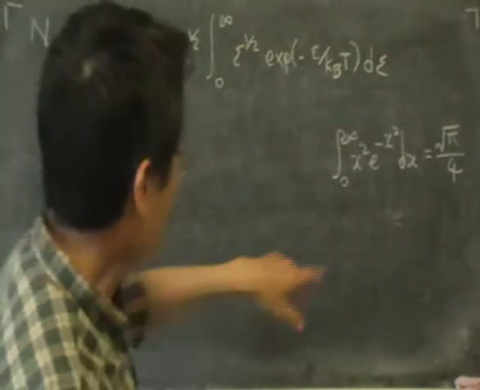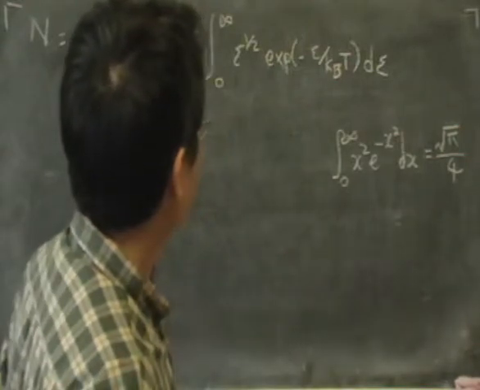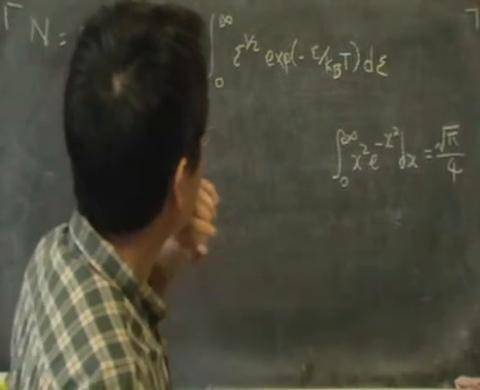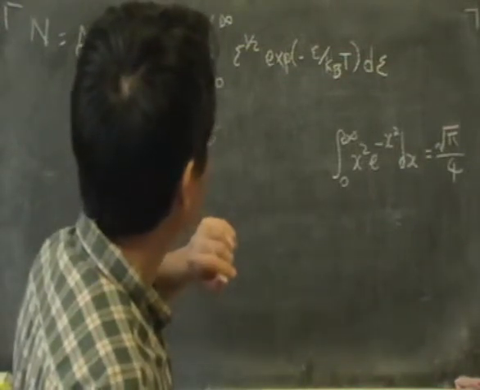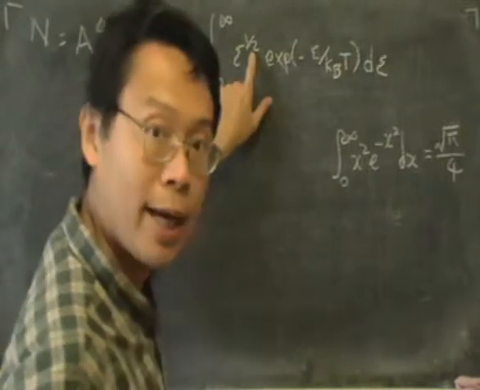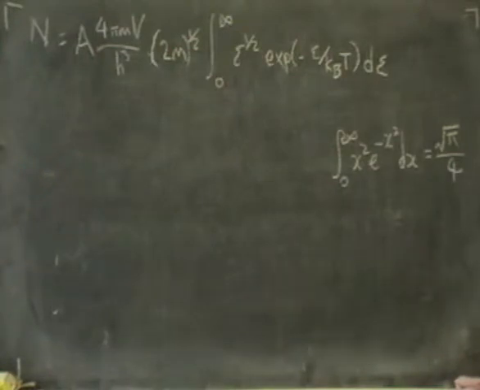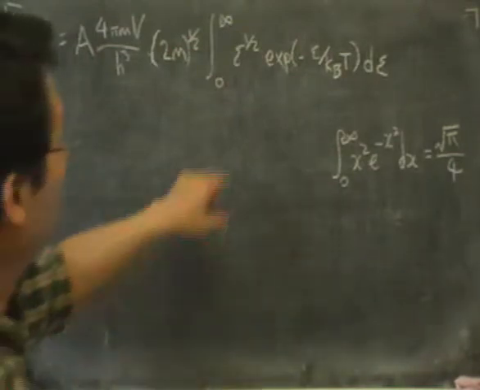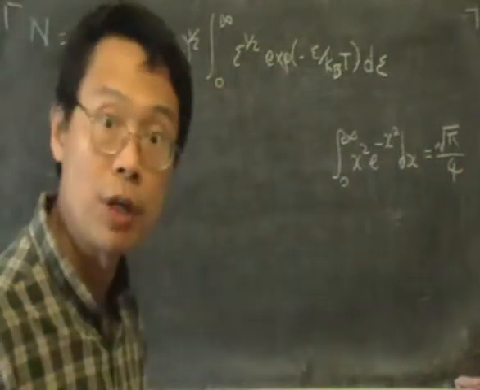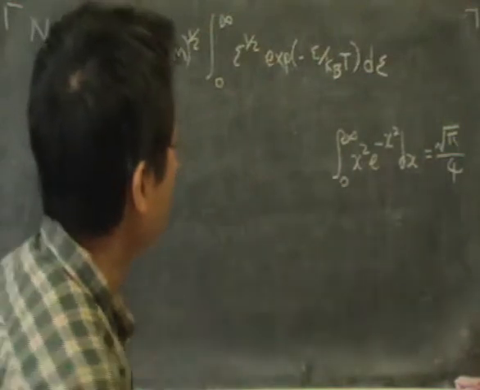If you look at these two, not exactly the same. We have a square root there, but we don't have a square root there. But what we could do is compare the two and make a change of variable to see if we can express that in terms of that.